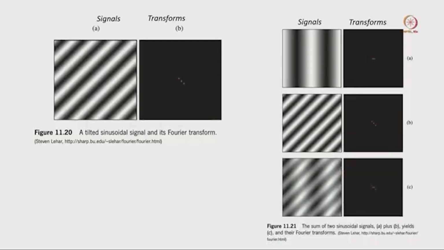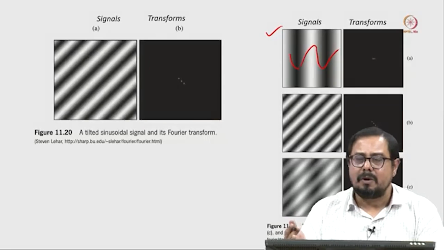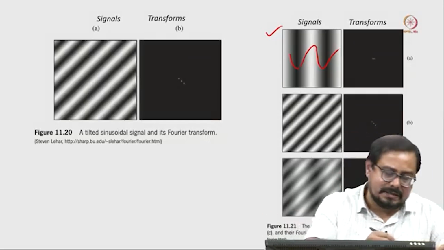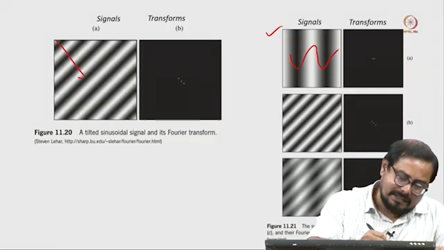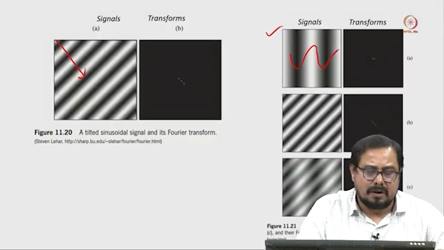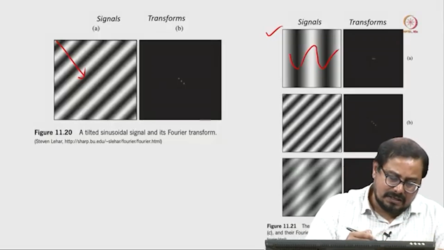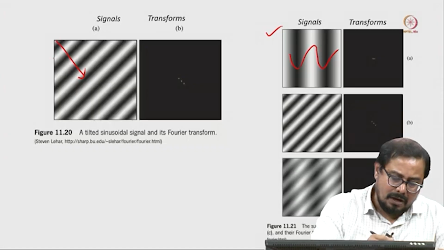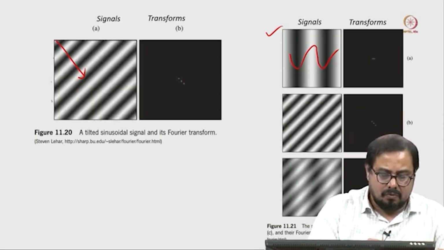Here I am showing you a different angle. So far we just saw this kind of image where the waves are moving in one particular direction. But what if it is moving in a different direction? If the direction is at this angle, then what will happen? Here, how many waves are there? You have to count it: 1, 2, 3, 4.